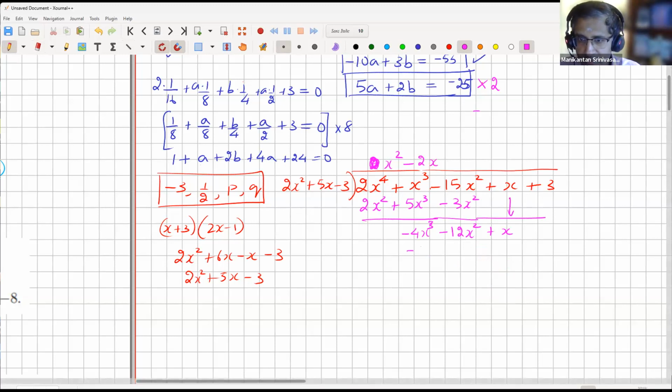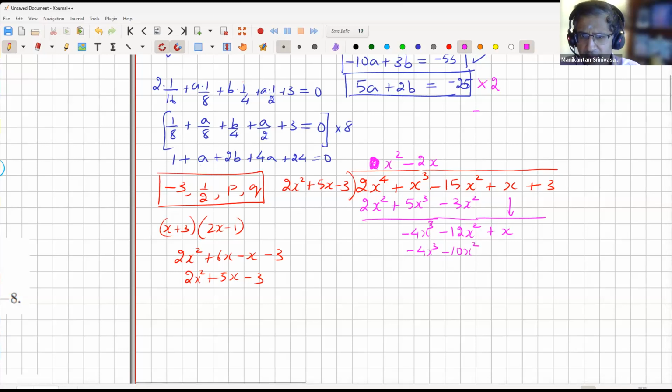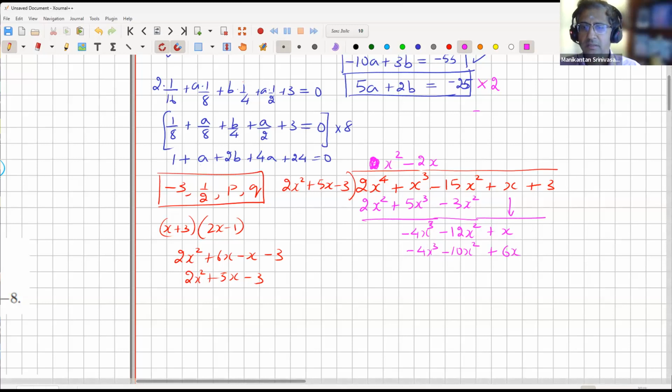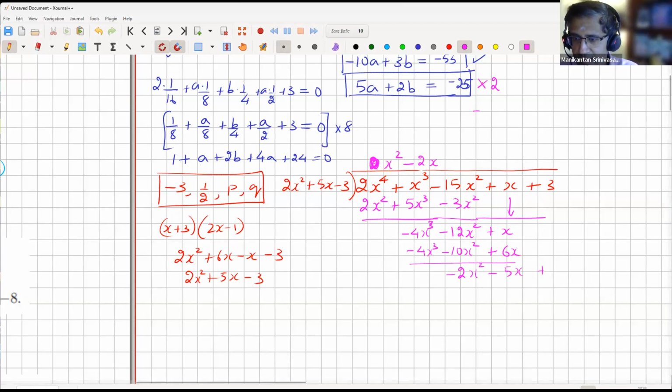So minus 4x cubed minus 10x square, and then plus 6x. How much is this? Minus 2x square minus 5x plus 3.